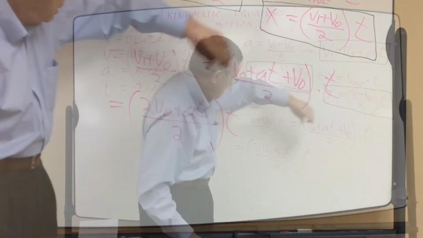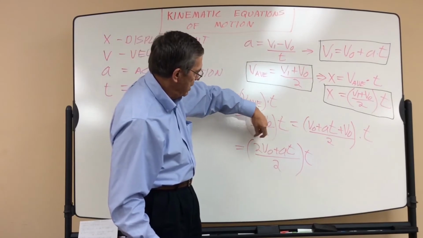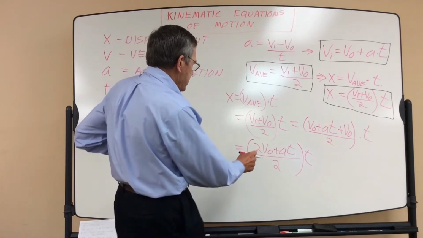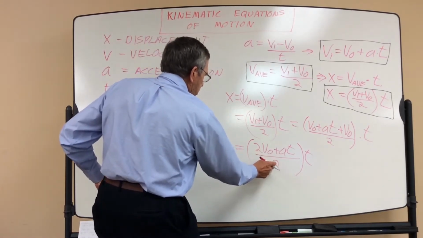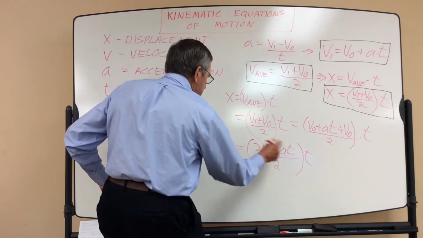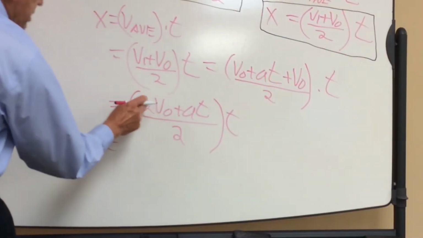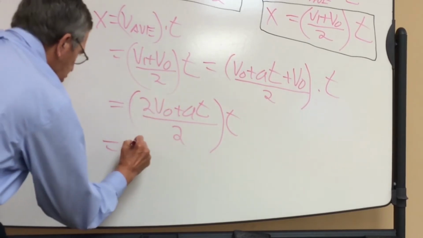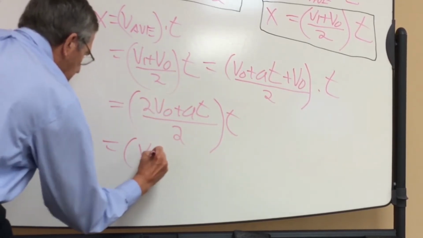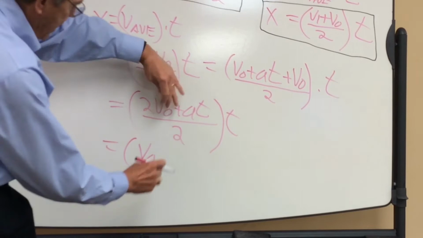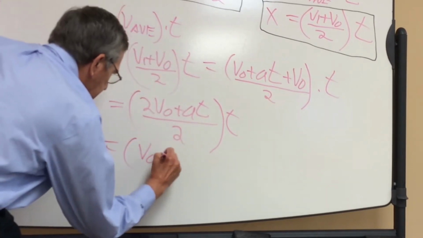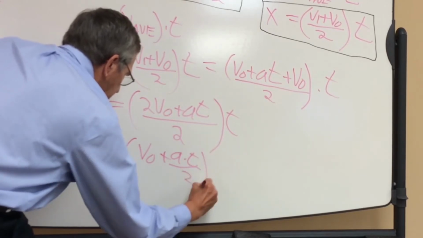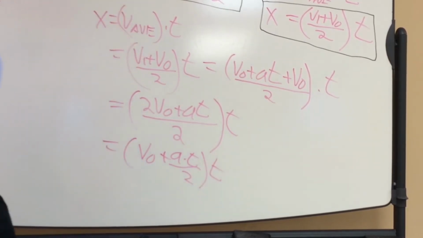That gives me this. I gather the V0s together, so I have 2 of those, and I have all that multiplied by T. Now, let's take this 2 and separate these two things. So this over 2, the 2's cancel, so I'll have V0. And then I'll have AT, A times T, all over 2, and then I'll multiply that by T, out here.